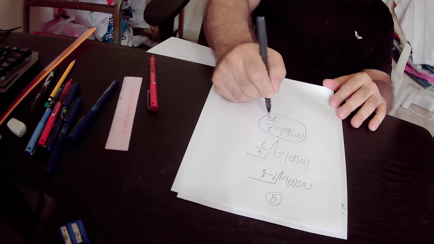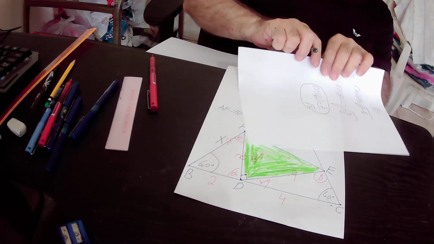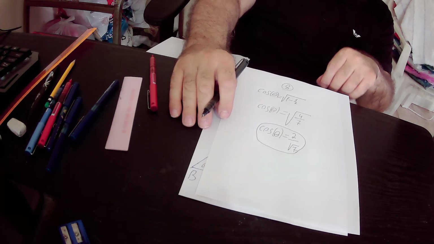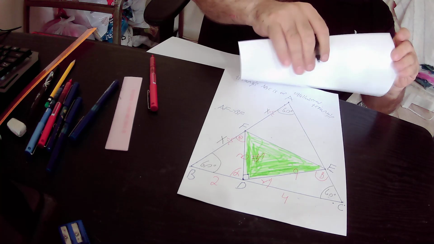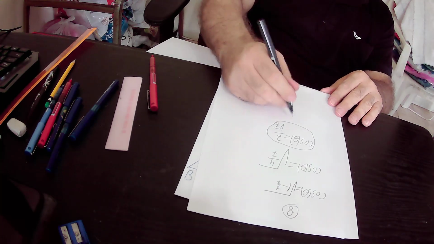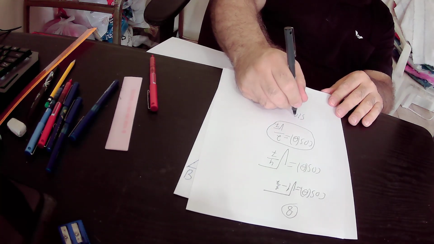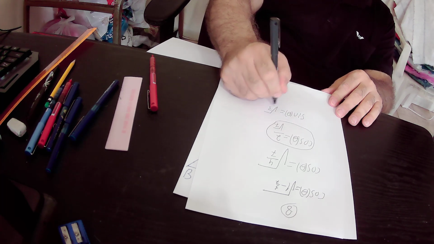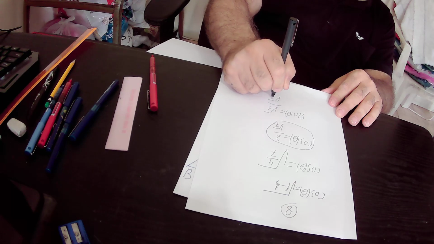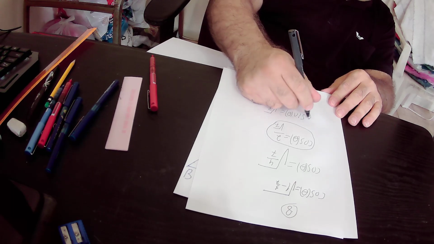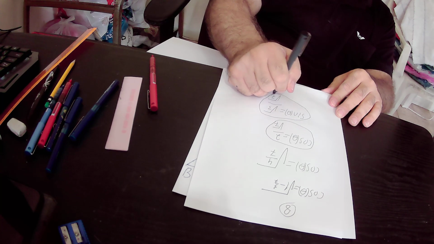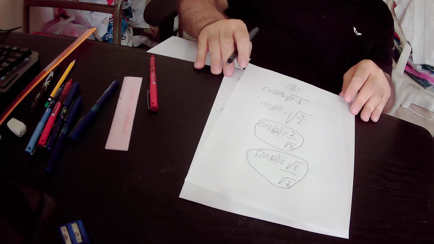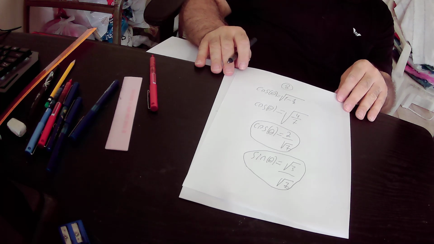So we actually found out the value of cosinus theta, and we have already found out the value of sinus theta. Sinus theta equals root 3 over root 7. Okay, so we actually found out the value of cosinus theta and sinus theta.